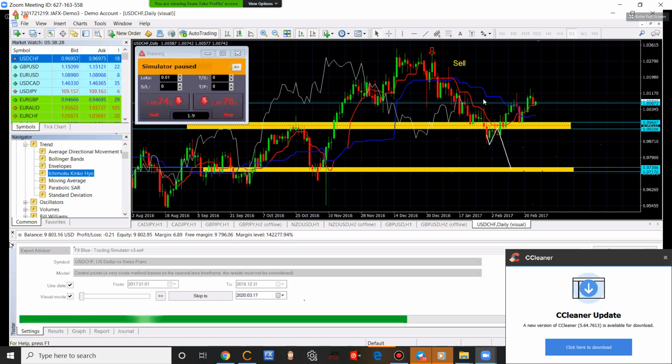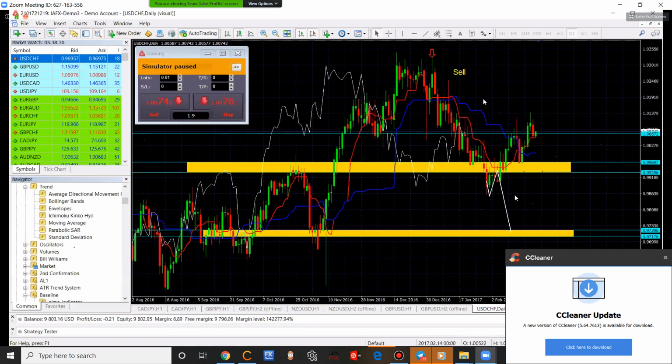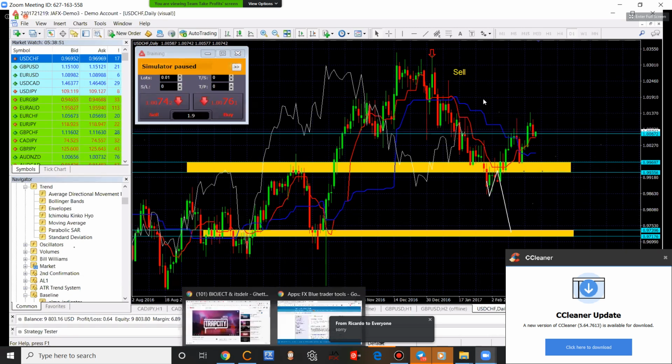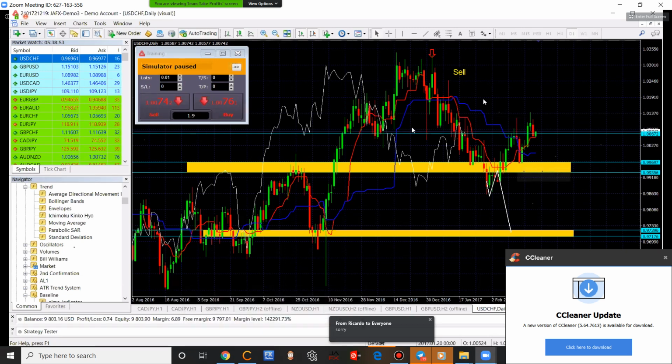But yeah, this is what you would be looking for. Does that make sense, Ricardo? Okay. So you wait until the candle closes above or below those two kill zones.